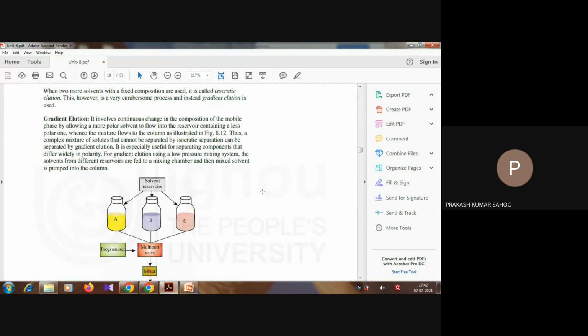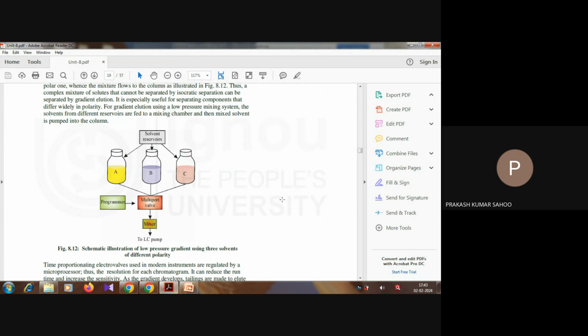When we have gradient elution, that is a highlighted part, it involves a continuous change in composition of the mobile phase by allowing a more polar solvent to flow into the reservoir containing a less polar one, whereas the mixture flows to the column, like your 8.12 depiction. A complex mixture of solutes that cannot be separated by isocratic separation can be separated by gradient elution.